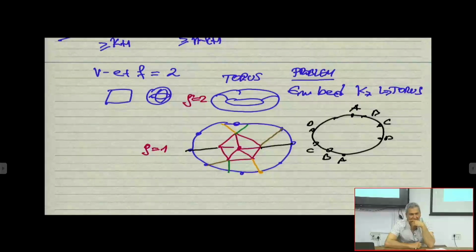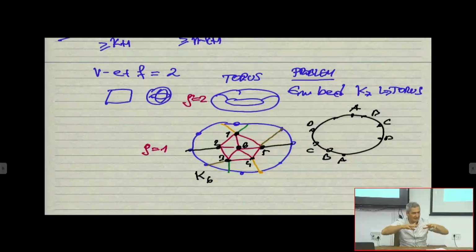What are we actually doing in embedding? We draw this graph K6 on the projective plane. So this graph is K6, you see? 1, 2, 3, 4, 5, 6, and every vertex with every other is drawn.